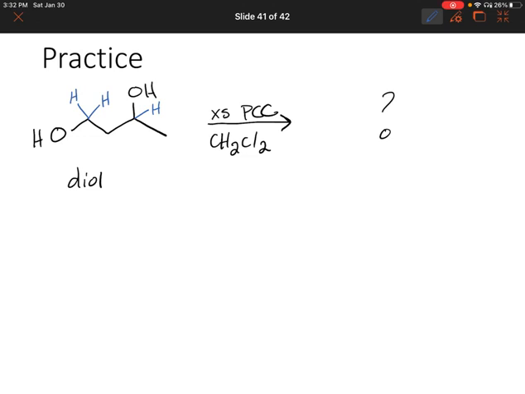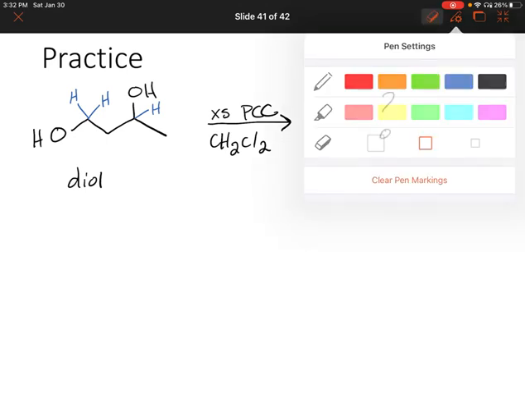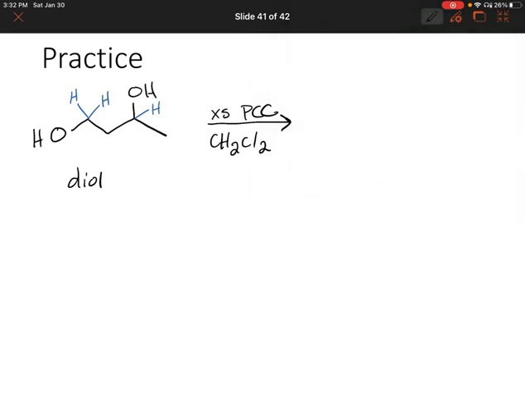And let's see, what will we end up with here? So the first alcohol, what will that turn into? Will it turn into an aldehyde or a ketone or a carboxylic acid?